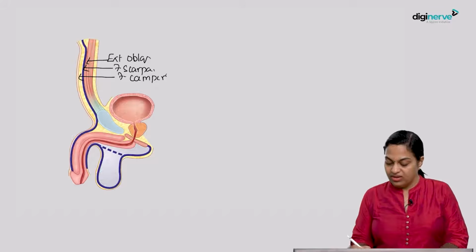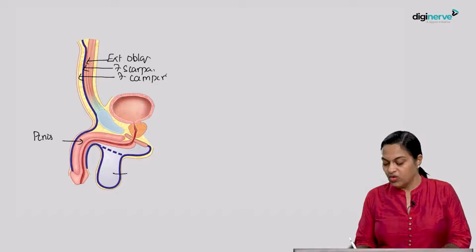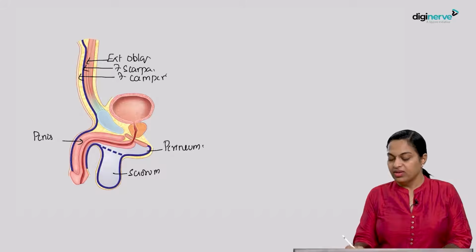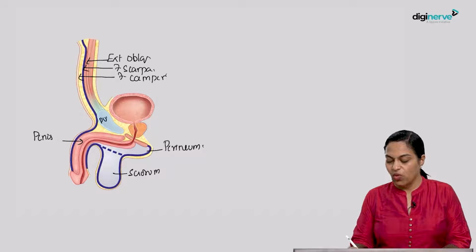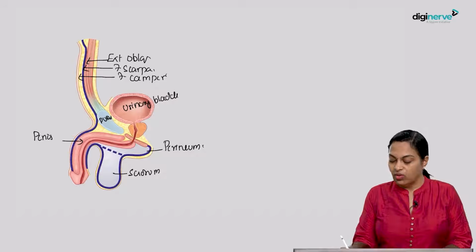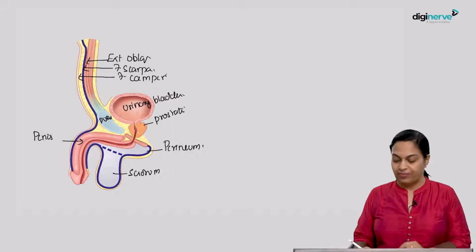Here, this is the penis, the scrotum, the perineum. Here, this is the pubis bone, the urinary bladder. Below the urinary bladder, this is the prostate, surrounding the neck of the urinary bladder.